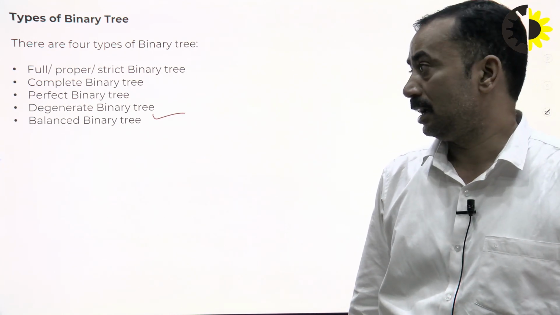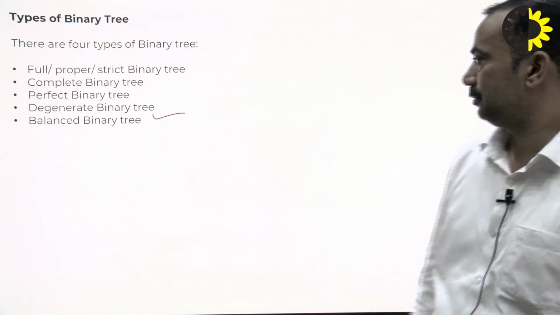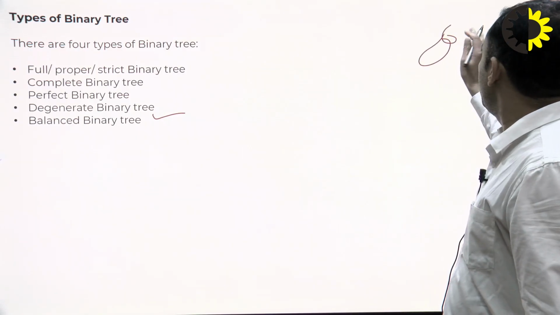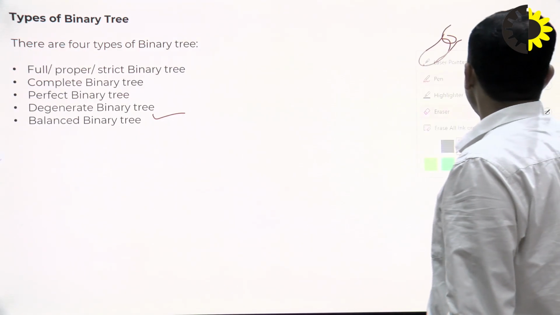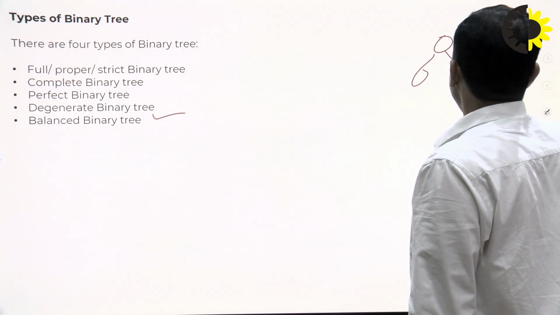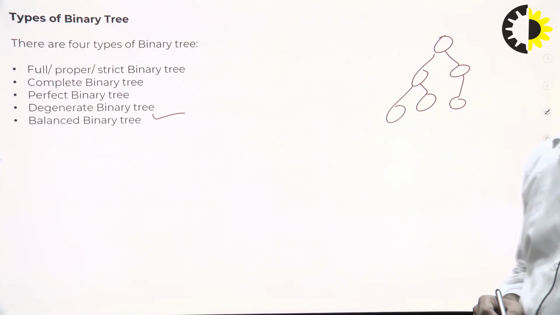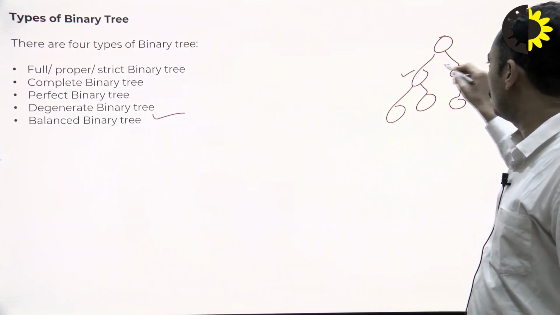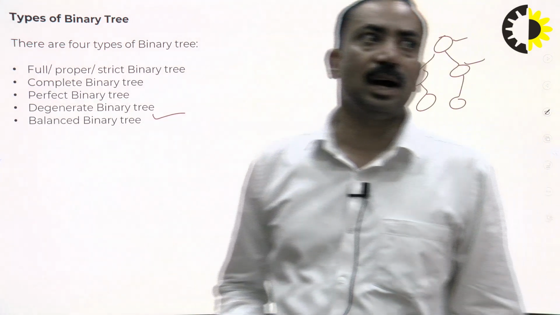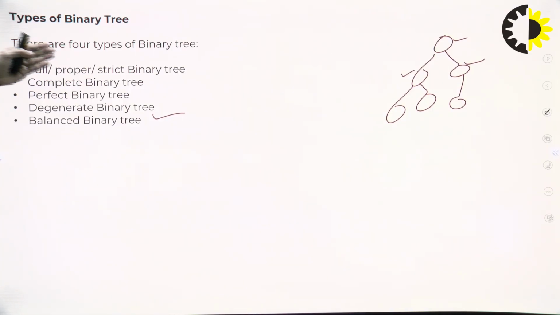Like we can say AVL tree and red black tree are balanced binary trees. This is an example of a balanced binary tree, with at most one variation. So these are all the types of trees: full binary tree, complete binary tree, perfect binary tree, degenerated binary tree, and balanced binary tree.